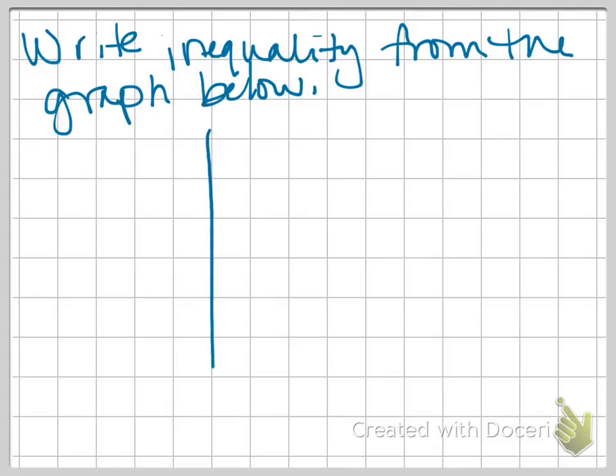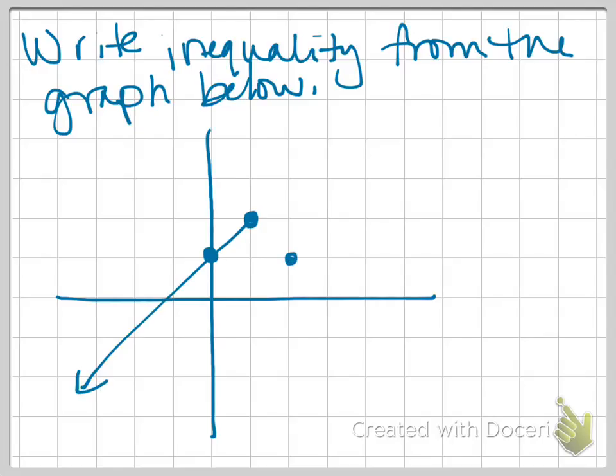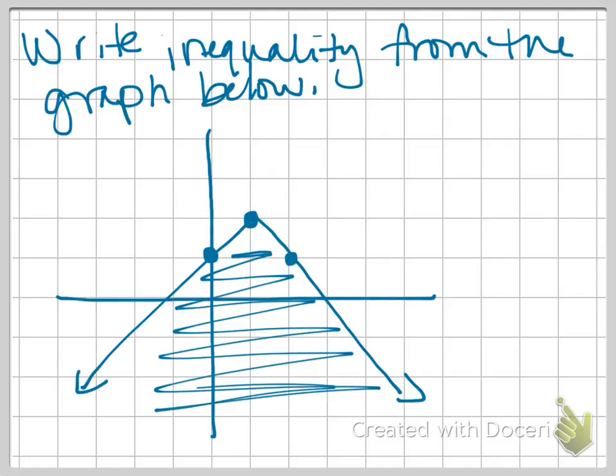Let me fix that. Okay, so you'll be given a graph. Hang on one second, a little commercial break for you as I draw the graph that would be given. Okay, and now you have to write the inequality. So like this graph will be given and you have to write it.